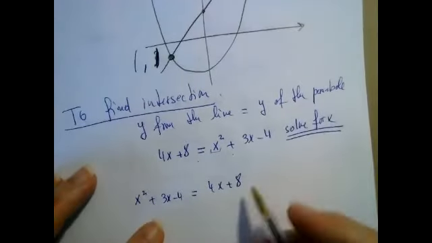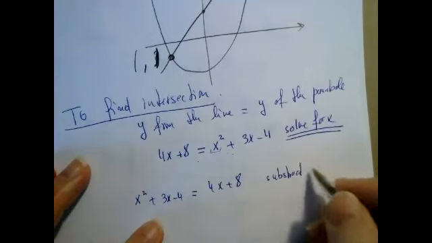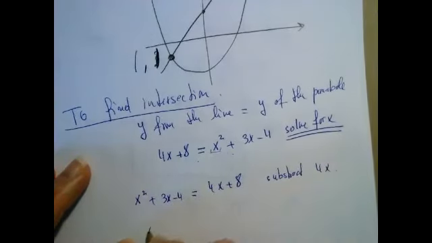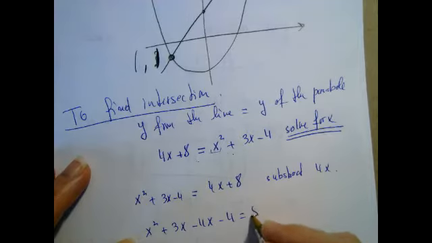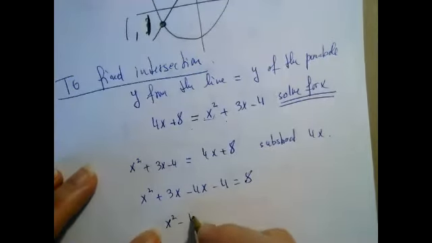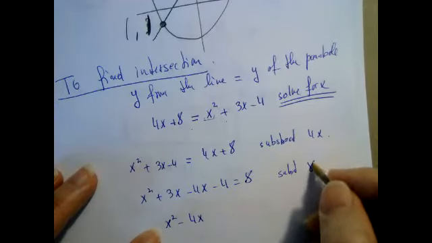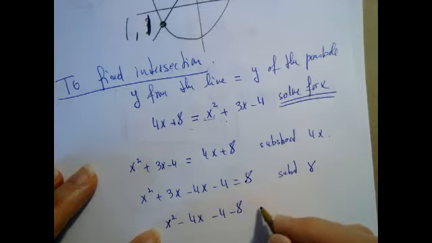I'm going to subtract 4x from both sides. So it's going to give me x squared plus 3x minus 4x, and then I'm going to subtract 8, minus 4 minus 8, equal to 0.